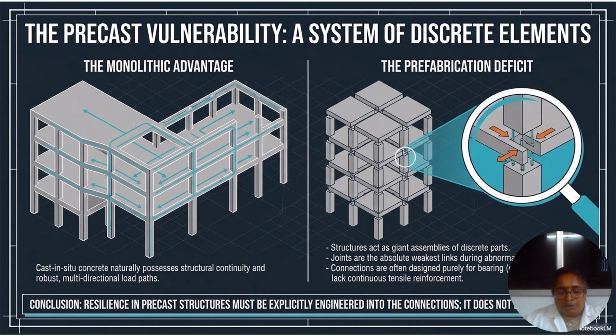Joints are the weakest links during abnormal loads, and connections are often designed purely for bearing and lack continuous tensile reinforcement. Resilience in precast structures must be explicitly engineered into the connections so that vulnerable actions can be avoided.